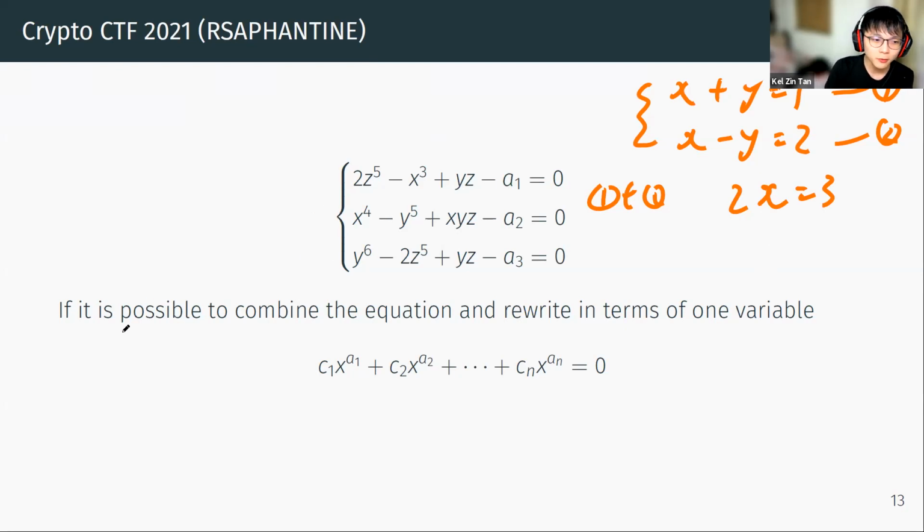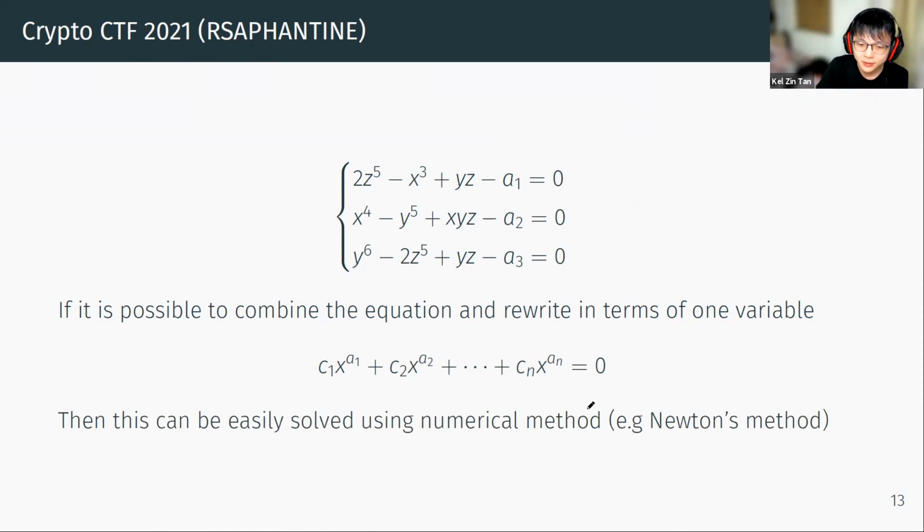You just want to see if it's possible to combine the equations and rewrite in terms of one variable, like x to some power, x to some power, and so on. Then we can solve this using numerical methods, for example Newton's method. It's easier to solve an equation when you have only one variable.